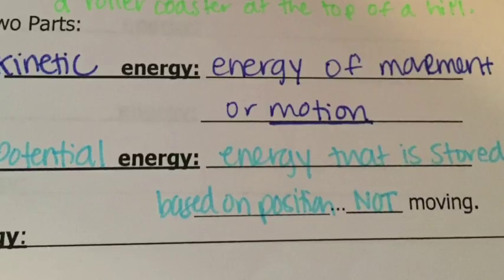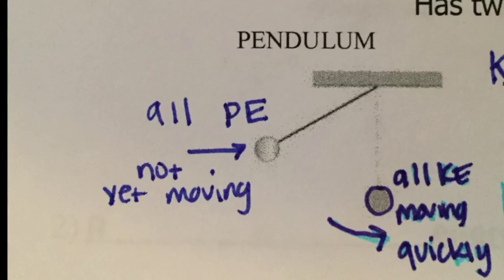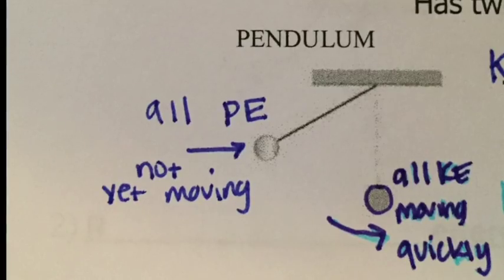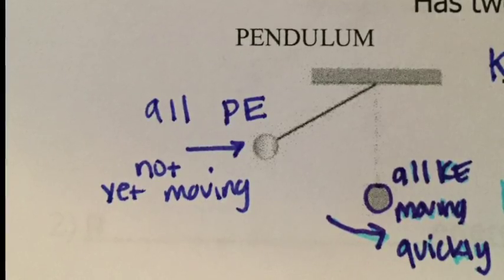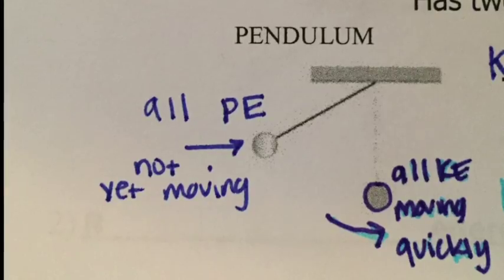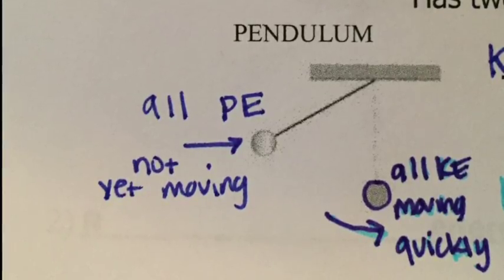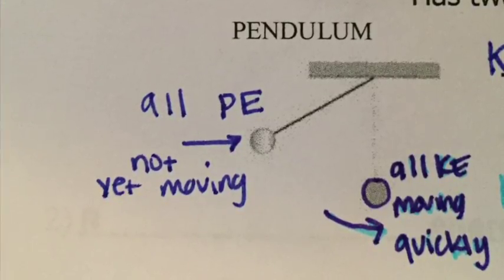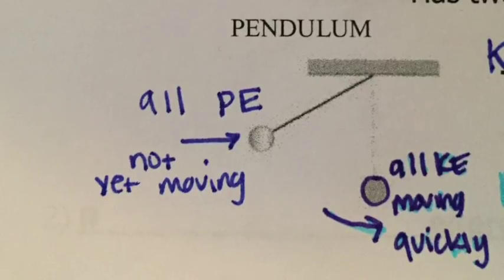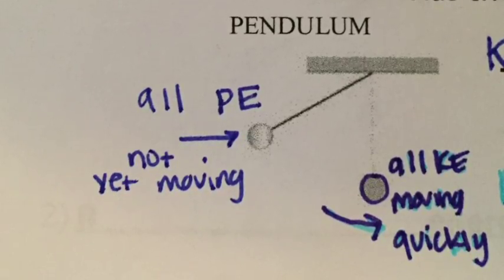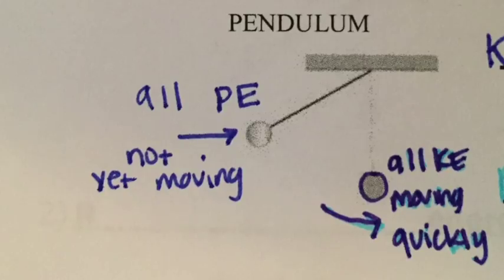but there is no actual movement taking place. And most objects that move have a mixture of potential and kinetic energy, and it changes as that object moves. And we have that shown here with our pendulum. If you lift a pendulum all the way up to the top, that has all potential energy. You're holding it at the top of its swing before it starts moving.